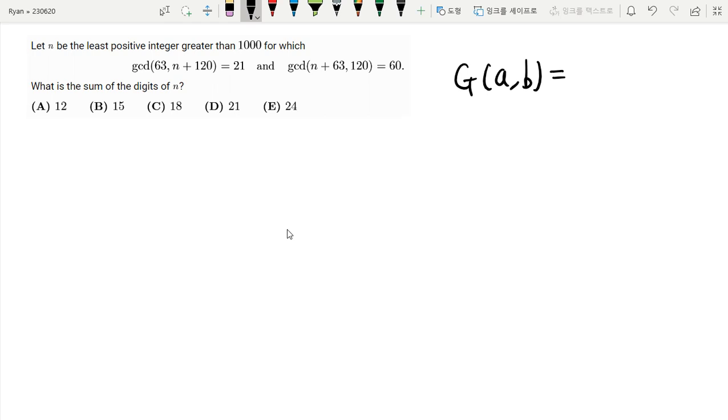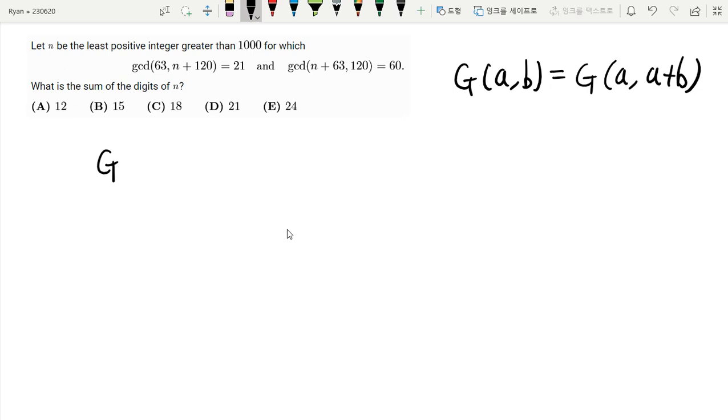If G means the greatest common factor, in this case, the greatest common divisor, it's the same as this one. So when we add these two numbers, the GCF doesn't change, and that's the property. So I'm going to use this property to solve this problem.